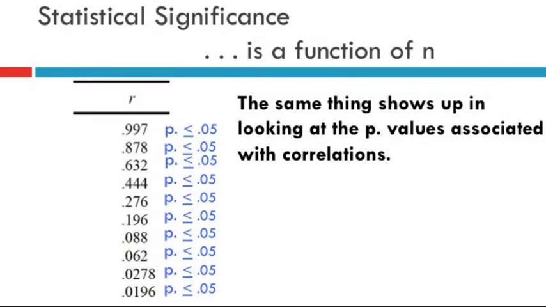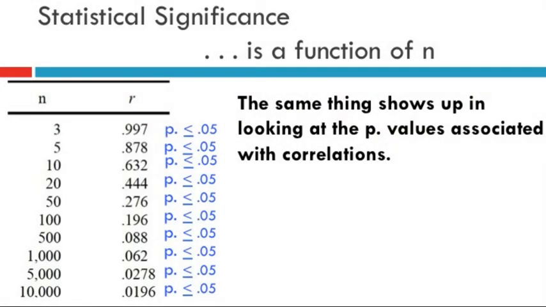And if you are following along, I could tell you that each one of those R values can be statistically significant at the 0.05 level or better. As you can see here, the way that we make those statistically significant is we increase the sample size.